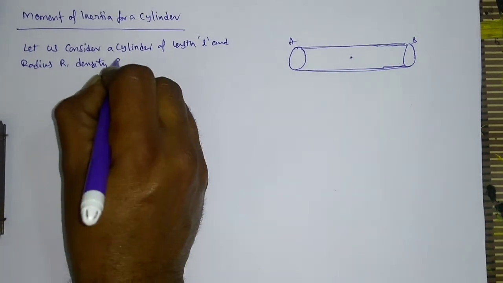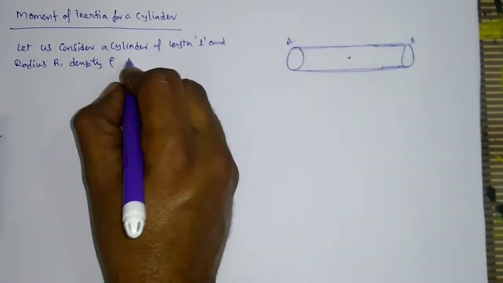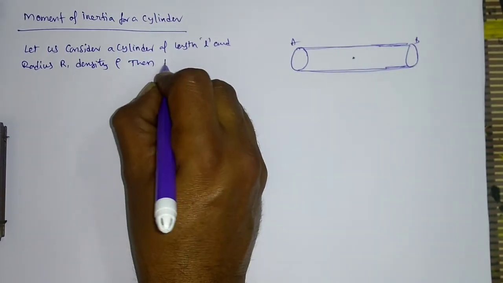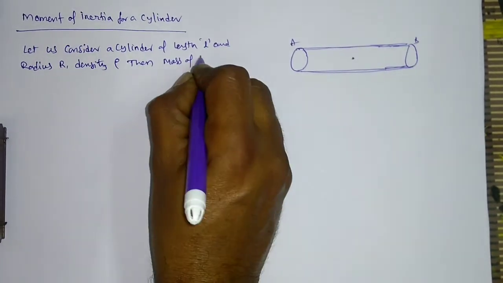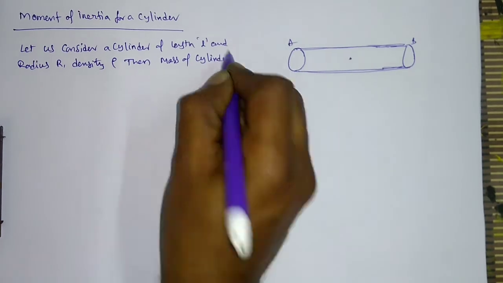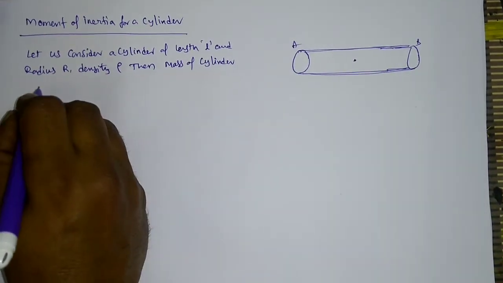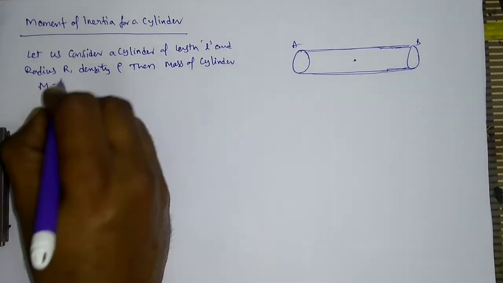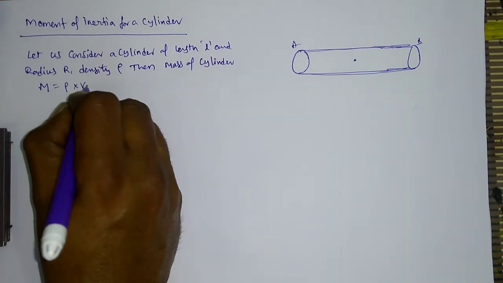and density rho. Then you can determine the mass of the cylinder. As usual, mass m is equal to density into volume.